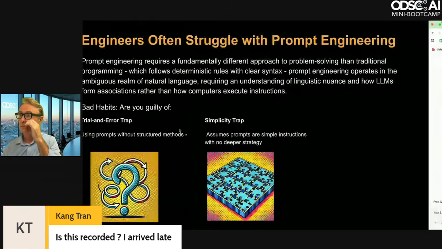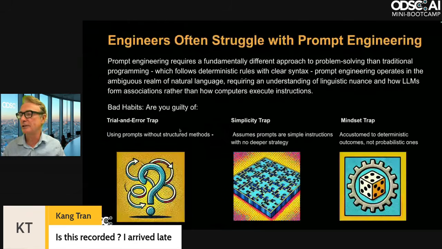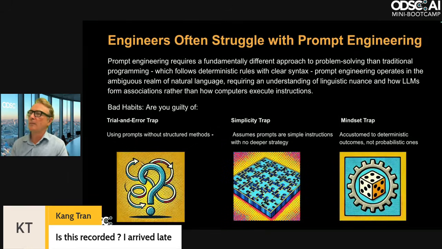And then the mindset trap, which I see a lot of software engineers fall into. You need to move away from thinking in deterministic outcomes and start thinking in probabilistic ones. What I mean by that is, for the most part, when you're doing software engineering, you're coding a set of rules. Like if A happens, do B. When you're writing a class or a function, you have arguments to that function, and you're expecting a certain kind of arguments.